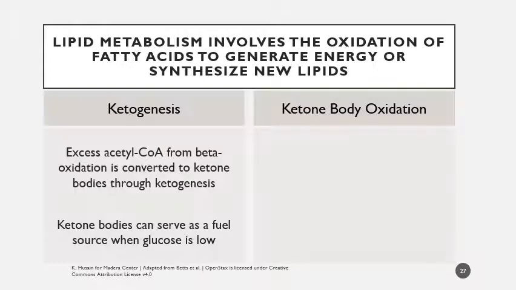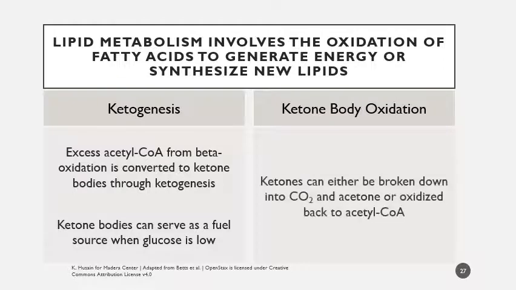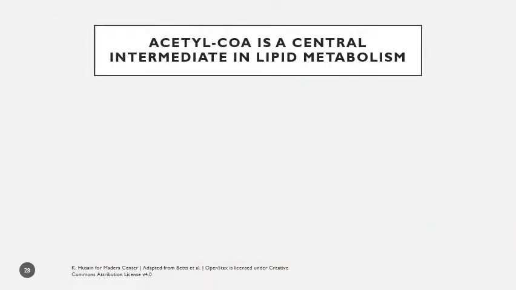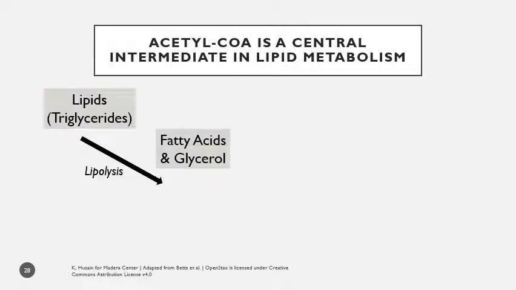Ketone body oxidation is then taking those ketone bodies and oxidizing them. They can be broken down into carbon dioxide and acetone or oxidized back to acetyl-CoA. I wanted to help you visualize how these different processes relate together. We're starting with lipids, specifically the monomer of lipids, triglycerides. We can break those down into individual fatty acids and glycerol through lipolysis, the lysing of lipids.